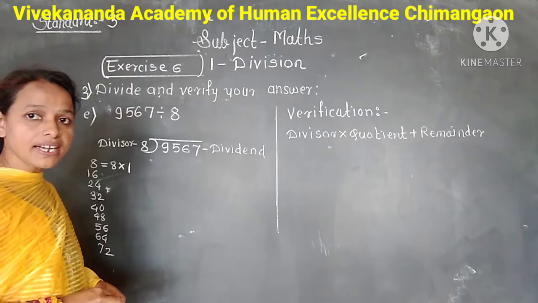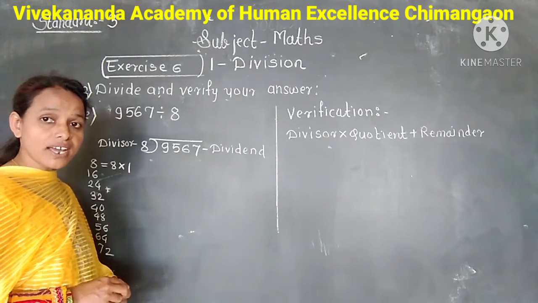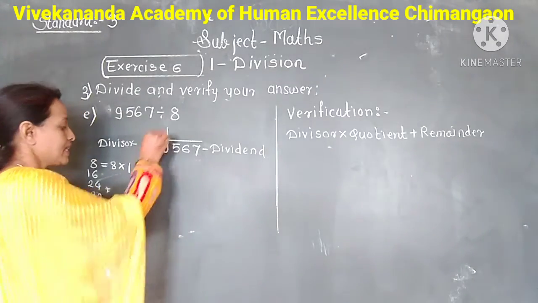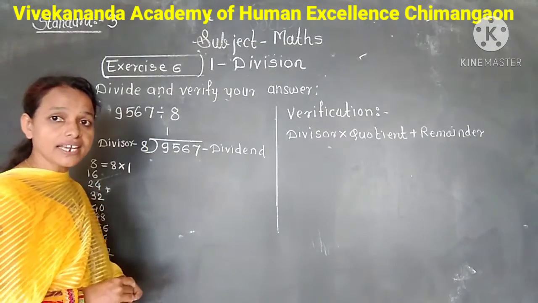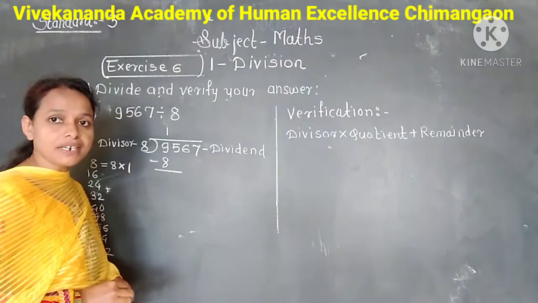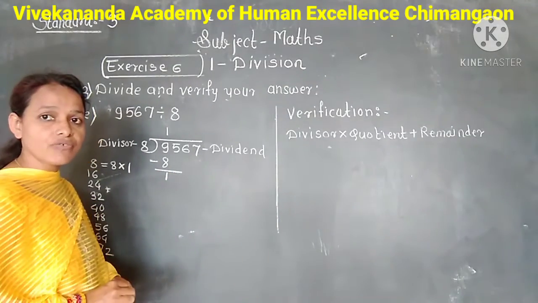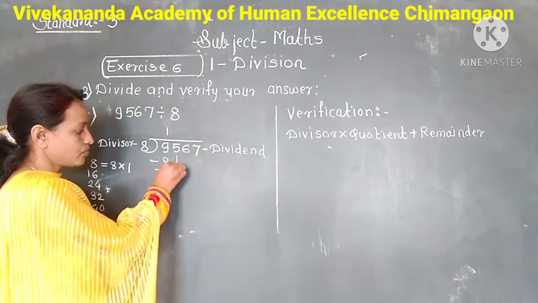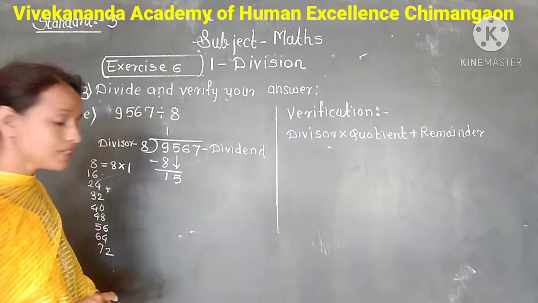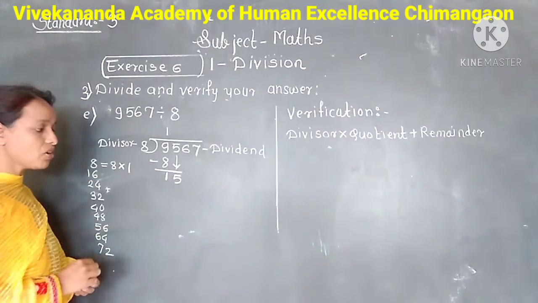So here we divide 9 by 8. It gives 1 as a quotient. So write 1 as a quotient in the 1000 place. And write the product 8 right below 9. And subtract, it gives 1. Next digit 5 we bring down. Now we divide 15 by 8. Student, 15 is not in the multiplication table of 8.